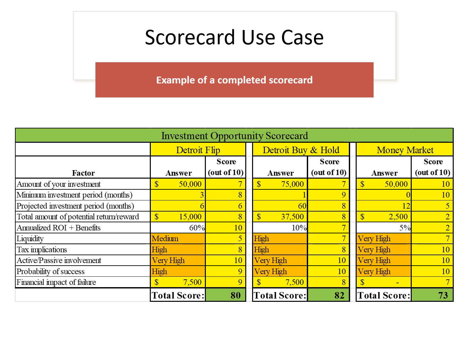So here's an example of a completed scorecard. On the right, you have the money market account, which is the risk-free investment. And then we've used the example of a Detroit real estate flip and a Detroit real estate buy and hold. And again, this is just an example to show you how the scorecard looks when it's completed.